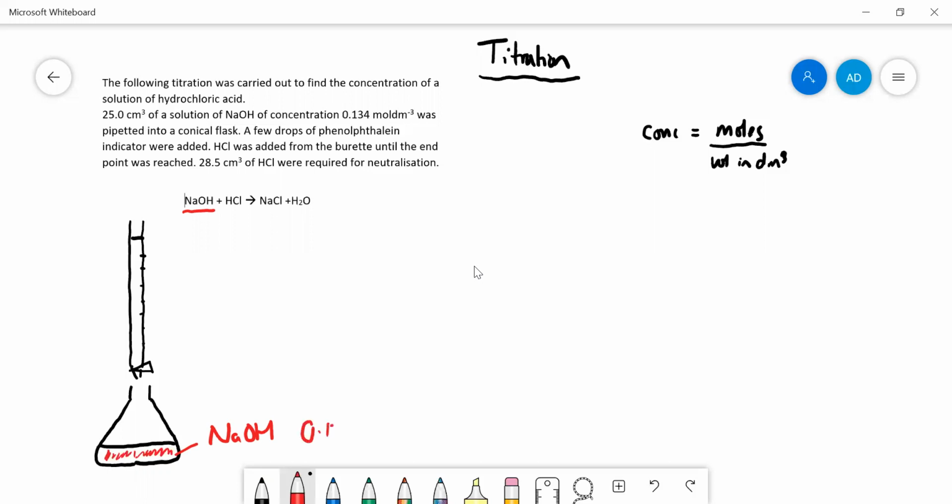That's 0.134 mole per decimeter cubed. And we're going to add the HCl to that from the burette. We want to find out the concentration of this. We don't know it. And the volume we need to add, it tells us, is 28.5 centimeters cubed.